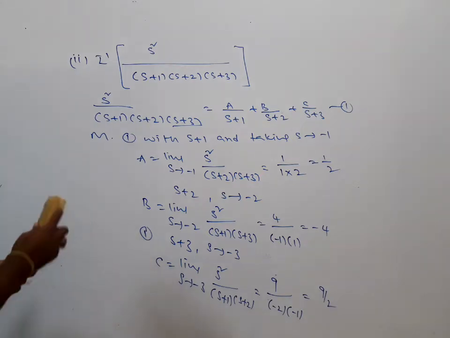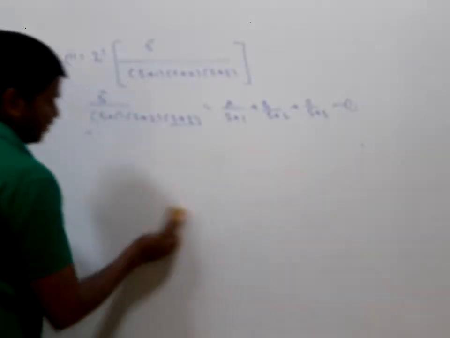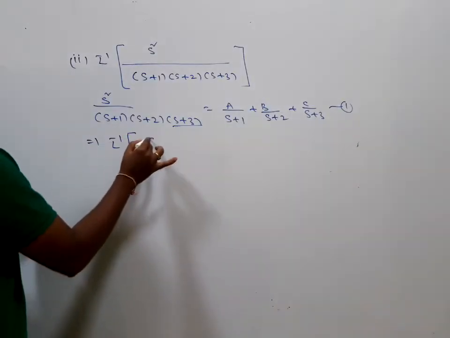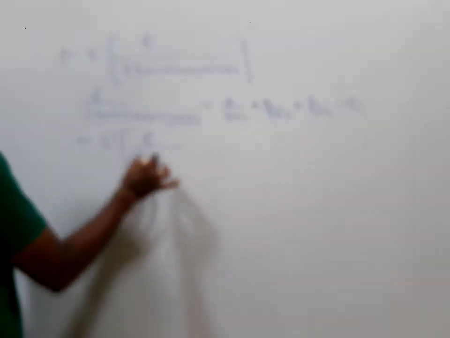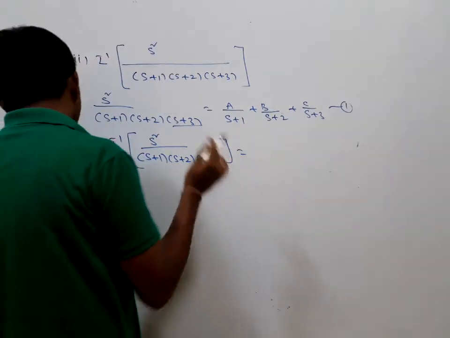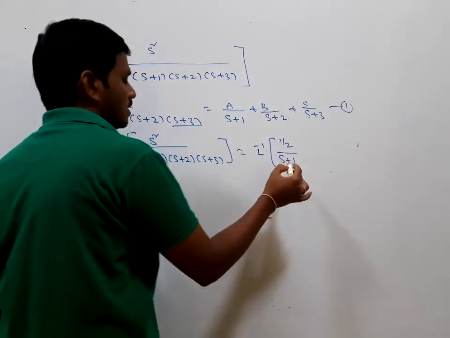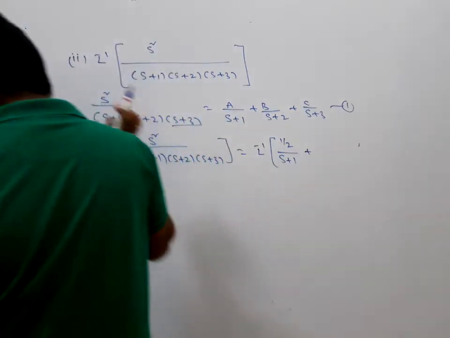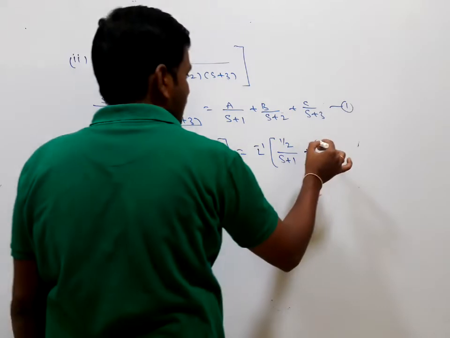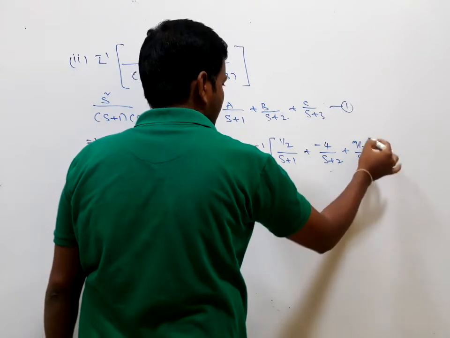So if we substitute these values into this equation, or take the inverse Laplace transform, s square divided by (s plus 1)(s plus 2)(s plus 3), with a equal to 1 by 2, we get L inverse of 1 by 2 divided by s plus 1, plus b equal to minus 4, minus 4 divided by s plus 2, plus c equal to 9 by 2 divided by s plus 3.